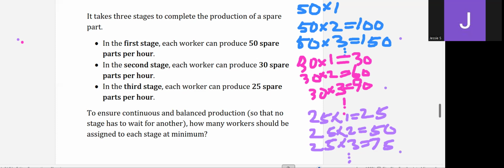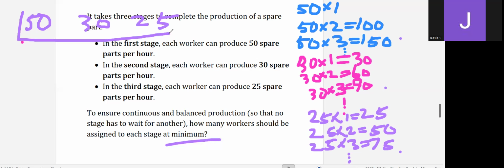The common multiple means the same number of spare parts that each station needs to make. Okay, let's start with finding the least common multiple. Why the least? Because we said that at minimum, okay, how many workers are needed? So 50, 30, and 25. Let's find the least common multiple for the 3 numbers so that we know we can start from the same number of parts that each station has to make.